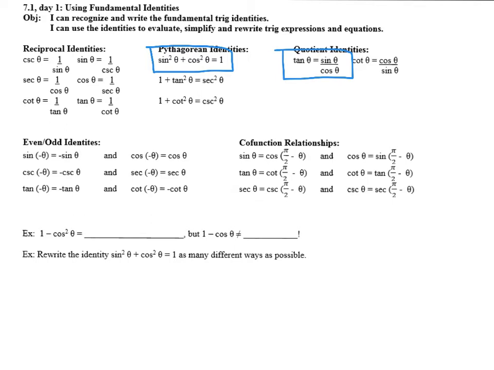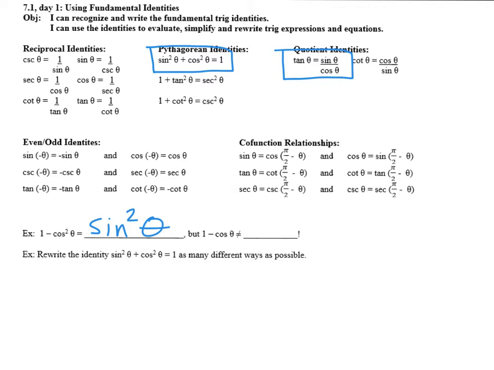This I want to just get out there because it comes up a lot. You are allowed to rearrange identities. One of the Pythagorean identities says that an angle's sine squared plus its cosine squared equals 1. Now if you were to subtract cosine squared from both sides, you would get that.